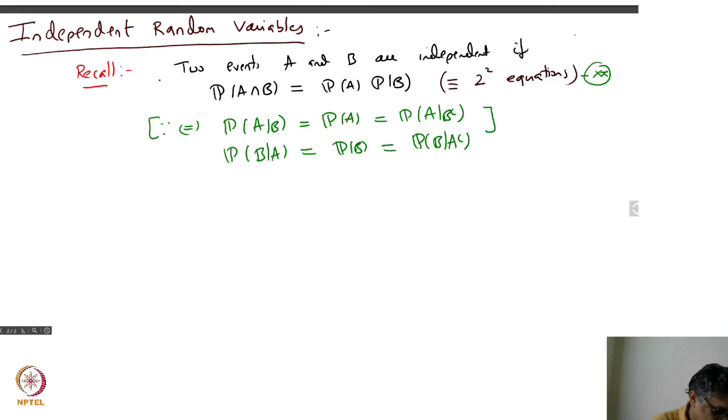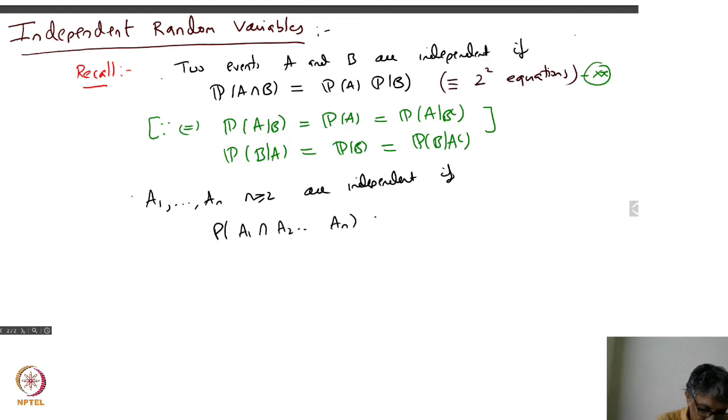And to generalize this, we also said that for any A1, A2, ..., An, with n greater than or equal to 2, to be independent, it's not enough to just look at the product over i equal to 1 to n of P(Ai). This is not the only equation to look at.